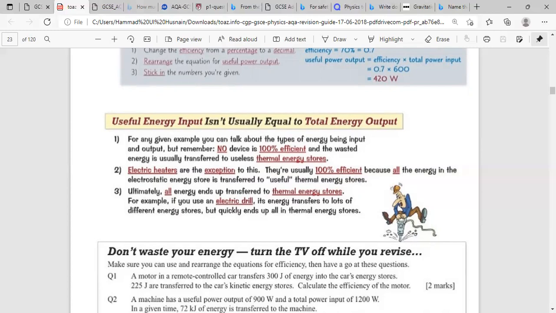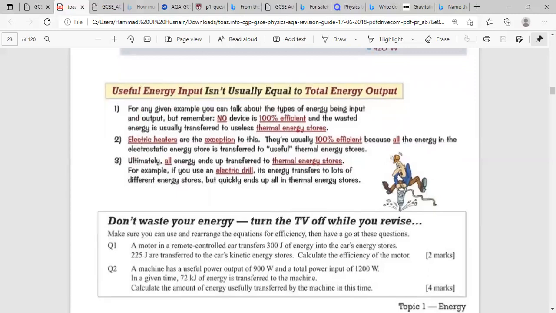Similarly, you can understand it by the example of a laptop. After a certain time, your laptop gets heated up. Why? Because of the input energy you are transferring to this laptop, some of it is converted to energy losses in the form of heat energy, right?